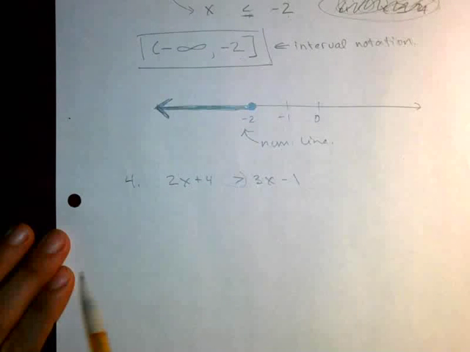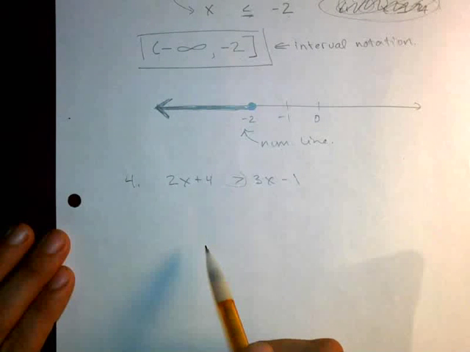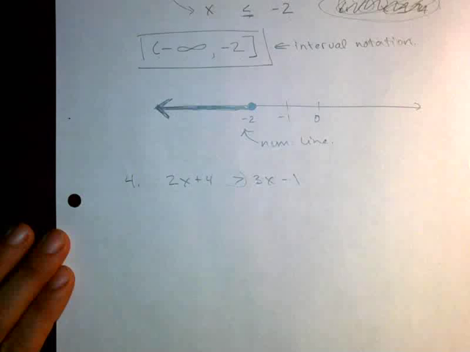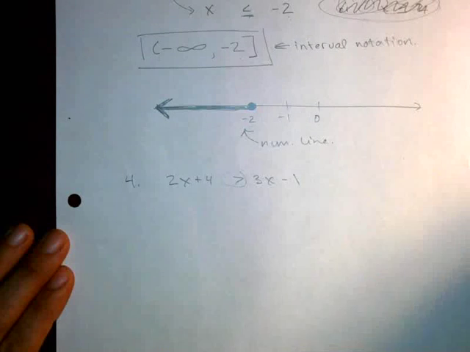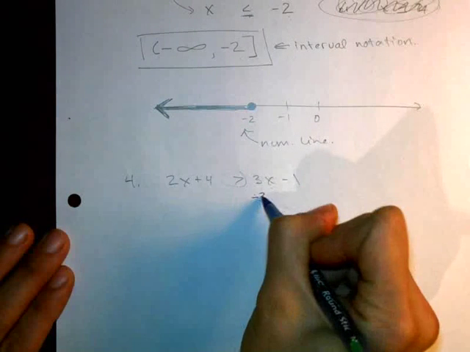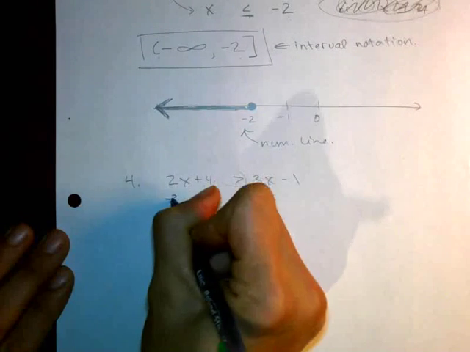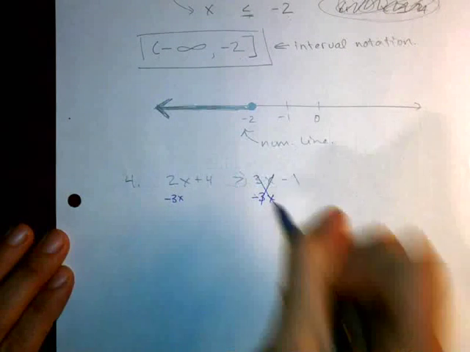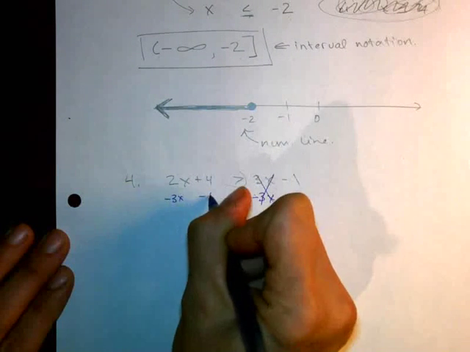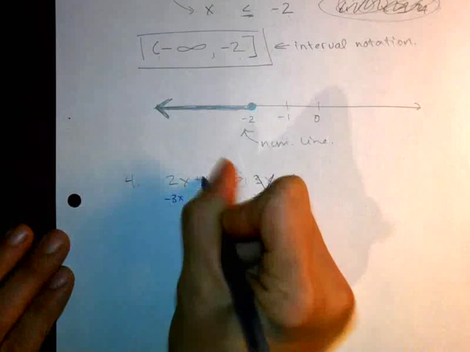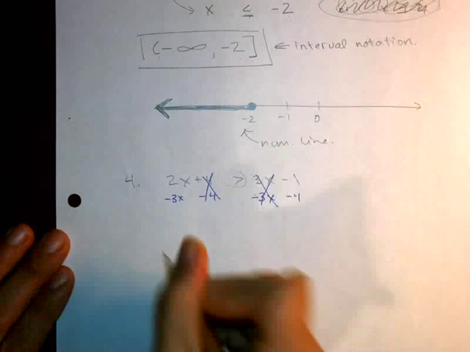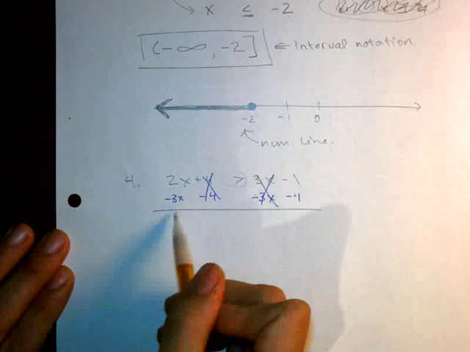Otherwise, we treat this the same as we would treat any equal sign. So if we want to solve for x, let's get all the x's to one side and all of the not x's to the other side and solve it from there. So I'll pull the x's to the left, so I'll go minus 3x on both sides so we can get rid of that. And I will go minus 4 on both sides so we can get rid of that.